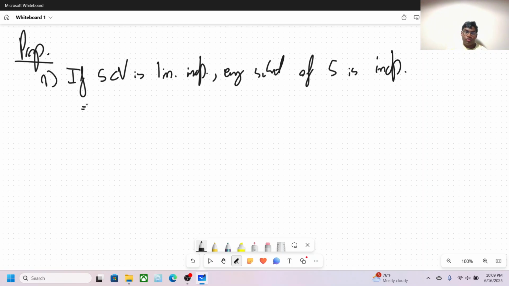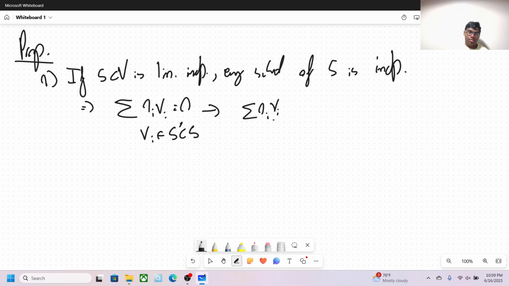The answer is simple. If we have a combination of a subset that equals 0, say the sum of a_i v_i equals 0 with v_i in S' subset of S, then this is itself a combination with the v_i in S. Since S is independent, this implies a_i equals 0. And so this shows independence.